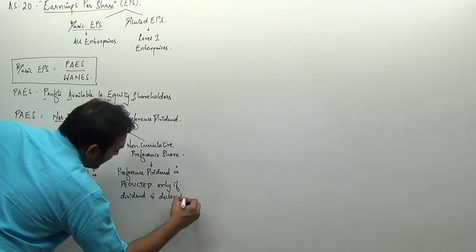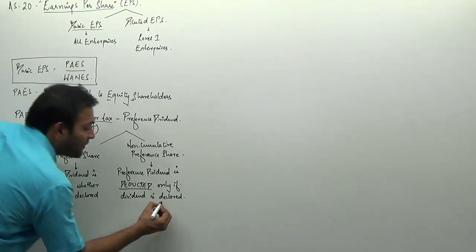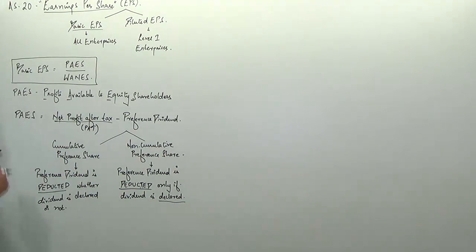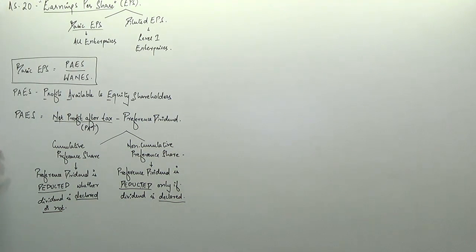If it is not declared due to insufficient profits, then you don't have to deduct the preference dividend, because there is no subsequent liability to pay the preference dividend which is not paid. But here, whether it is declared or not, I will have to give the deduction for the preference dividend.